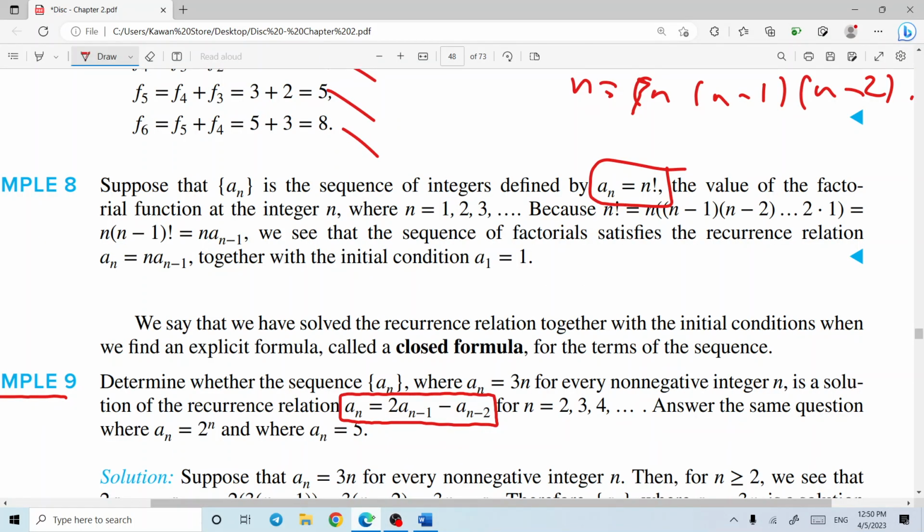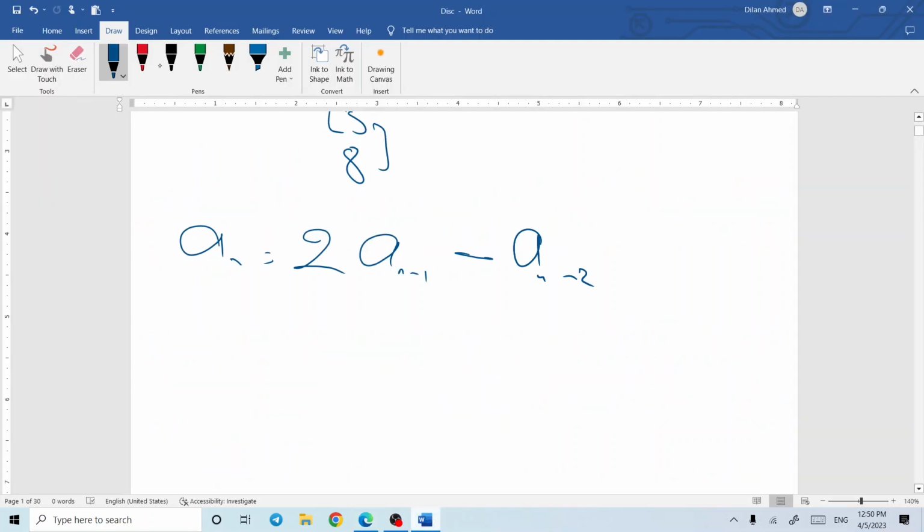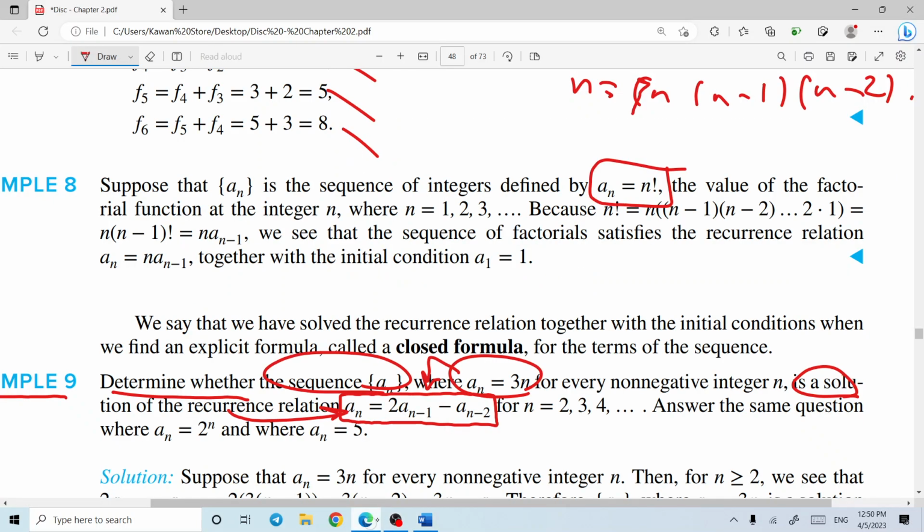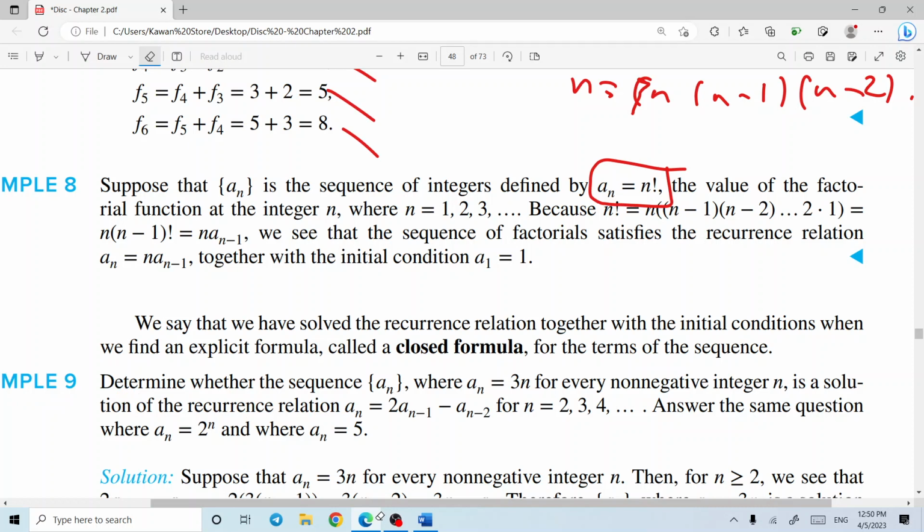Now, it says determine whether this sequence is a solution for the recurrence relation or not. So tell me, can this a_n be a solution for that formula or not? What was the given? a_n equal to 3n. Am I right? Okay, so now we are going to test whether this given is a solution for the relation or not.